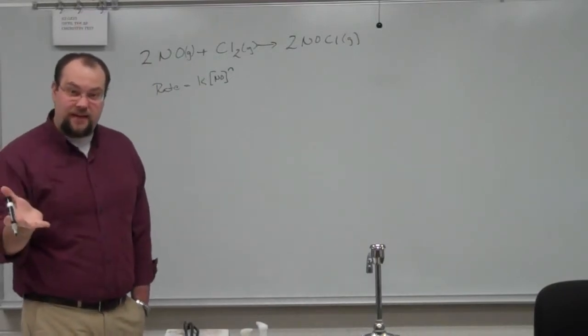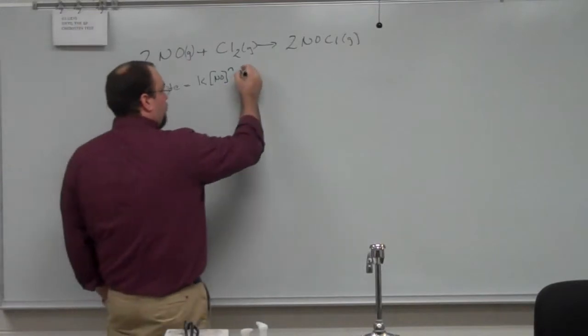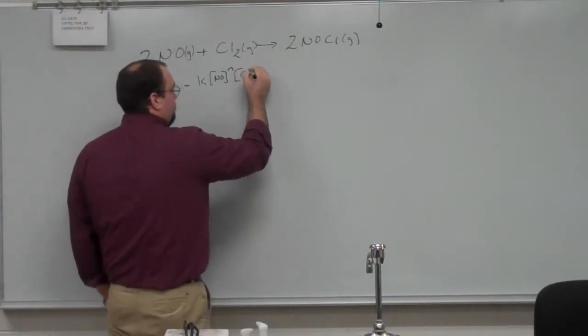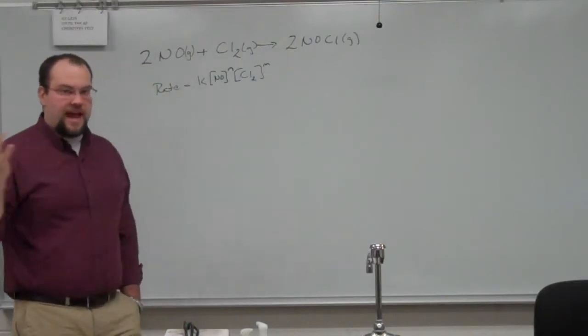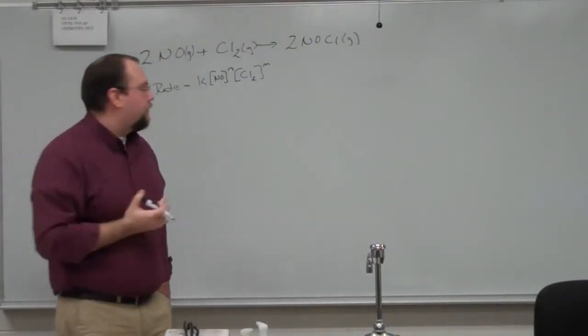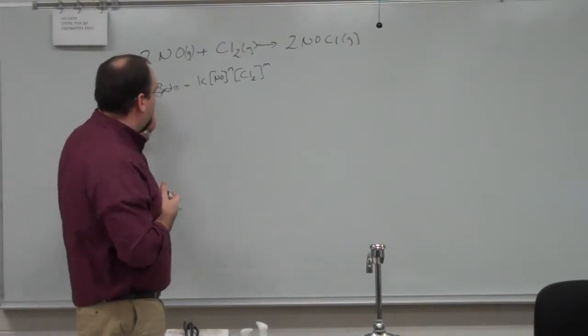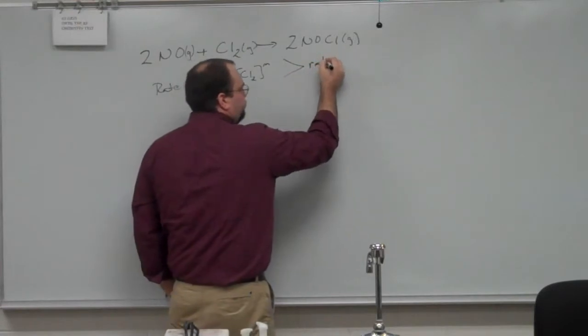We don't know what it is yet, but experimentally we're going to have to calculate that. And then times Cl2 to some other rate order. Now we're going to use M because O looks like 0, and we don't know if it's a 0 order rate order yet. So here's our rate law equation. This is the rate law.